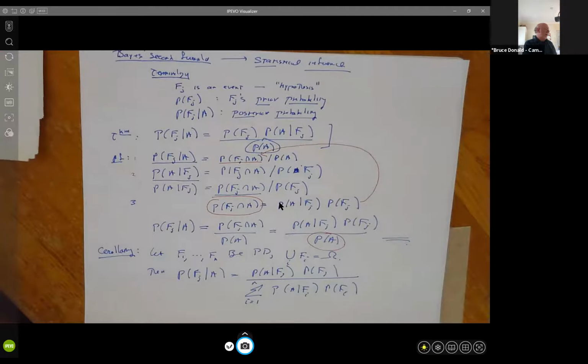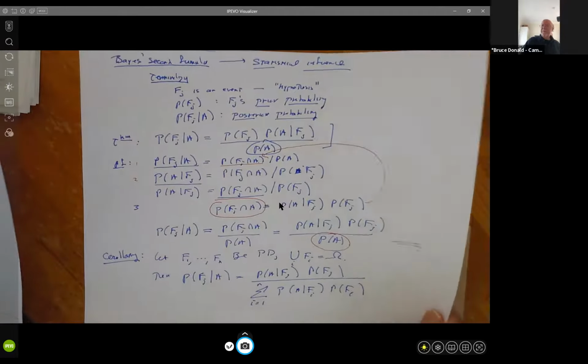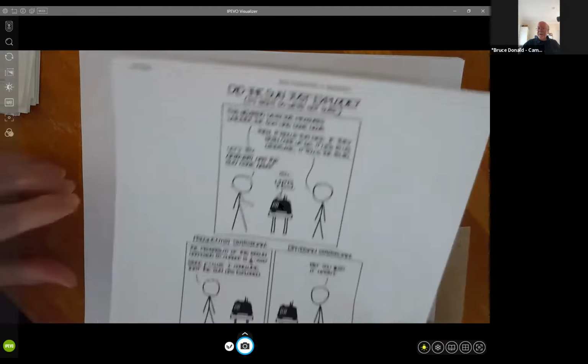But how about an example? It's always good to have an example and figure out what's really going on by looking at some specific things. So I'm going to go back to our XKCD cartoon and do it in some more detail. All right.